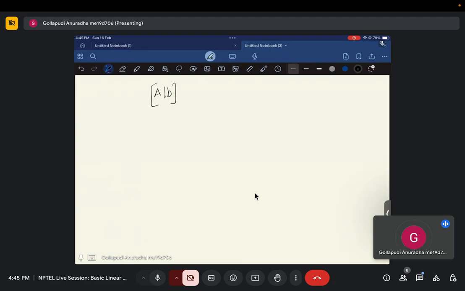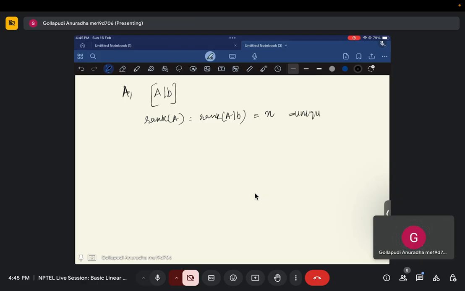If we have these two matrices, the augmented matrix and the coefficient matrix, then if the rank of A is equal to the rank of A augmented with B, and it is equal to the number of unknowns, then you will have a unique solution.